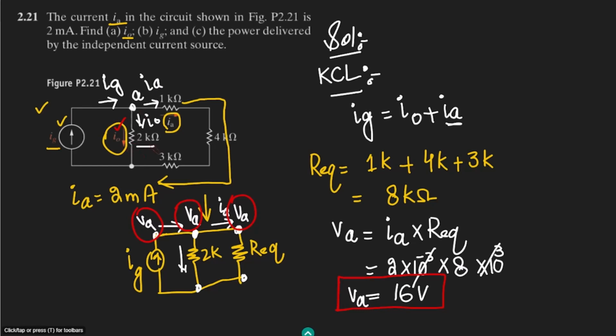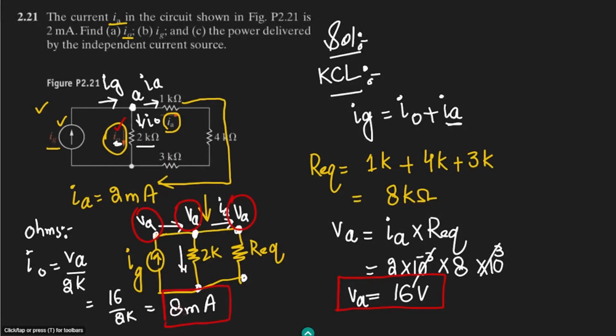So using Ohm's law, the value of I naught is VA divided by the resistance, that is 2 kilo ohm. So this is 16 divided by 2 kilo, and ultimately the answer is 8 milliamps. So the value of I naught is 8 milliamps.